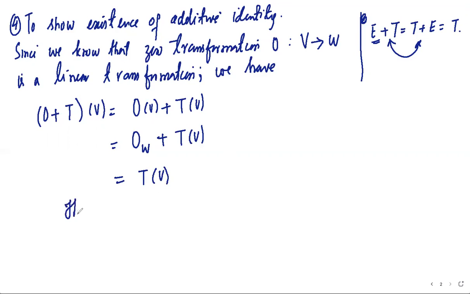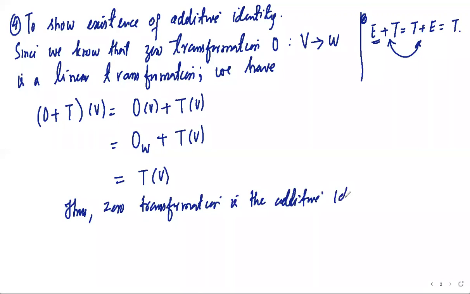So thus zero transformation is the additive identity. Now the next step is we have to show the existence of inverse.